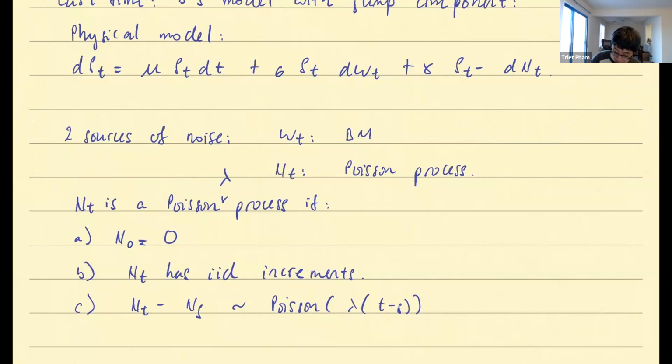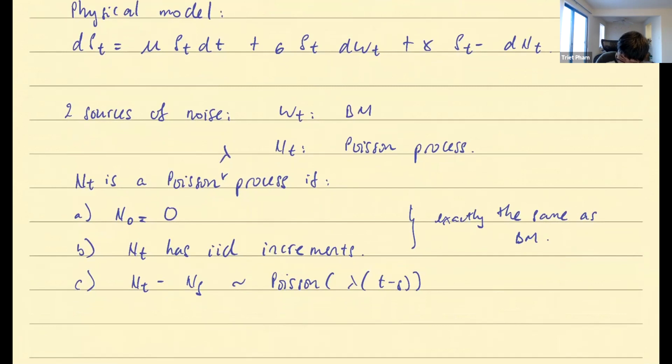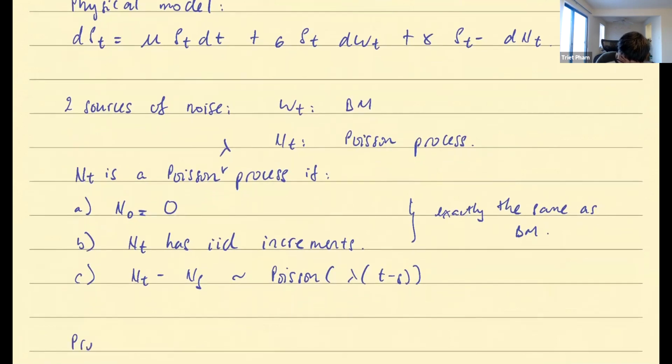So one thing to note is that these two properties are exactly the same as Brownian motion. So in many ways, probabilistically, the Poisson process behaves like a Brownian motion.